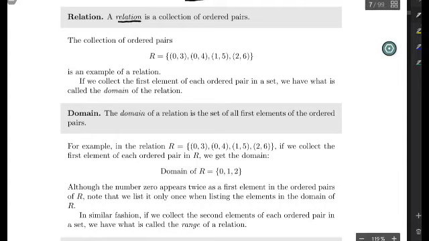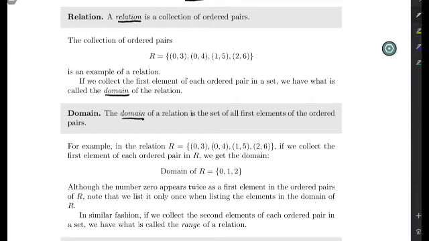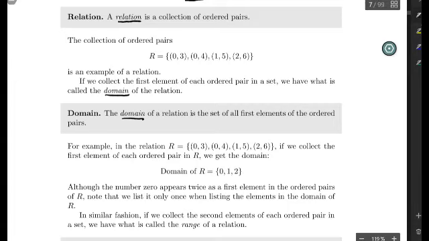And then we have a definition, the domain of a relation. The domain of a relation is the set of all first elements of the ordered pairs. So in R here, we have ordered pairs (0, 3), (0, 4), (1, 5), (2, 6).